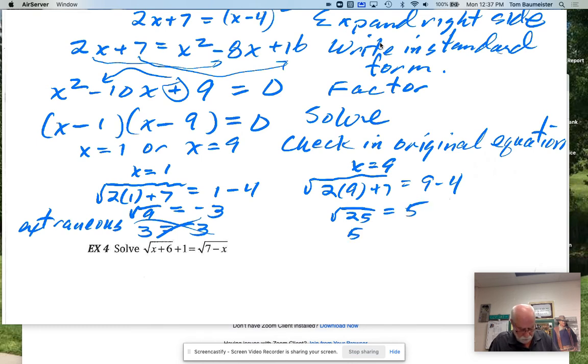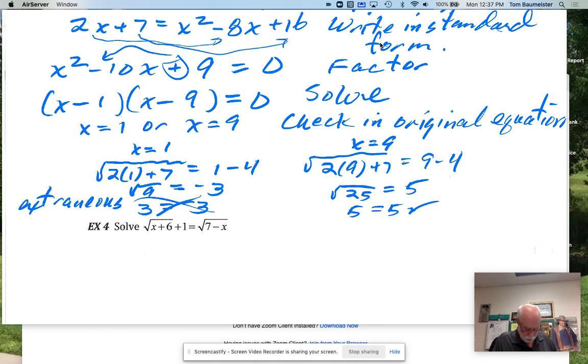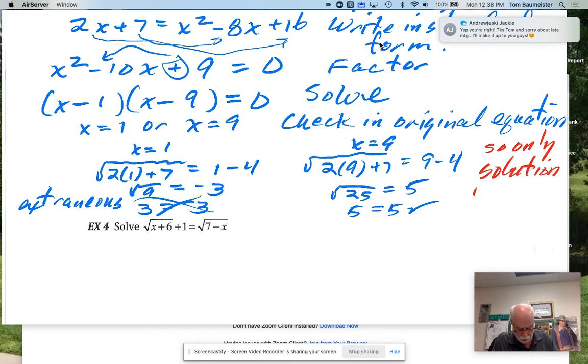Well, 5 does equal 5. So that one checks. So all you can tell me then is the only solution is x is equal to 9.